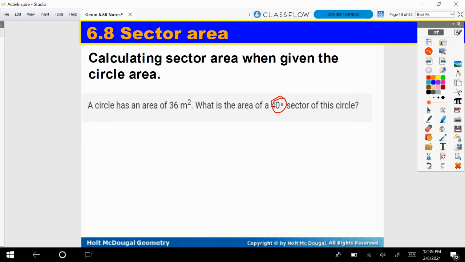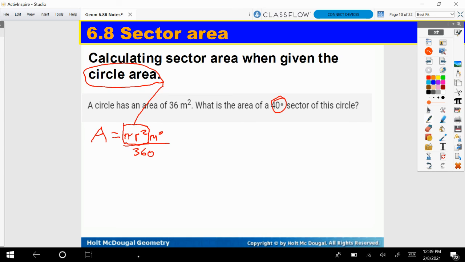Okay, so take a look at our formula, and I'll tell you how we're going to do this. So our formula for calculating the area of the sector of a circle is area is equal to pi times the radius to the power of 2 times the measure of the arc divided by 360. That's what we've been working with. And when I first introduced you to this formula, I told you this part here represents the area of a circle.